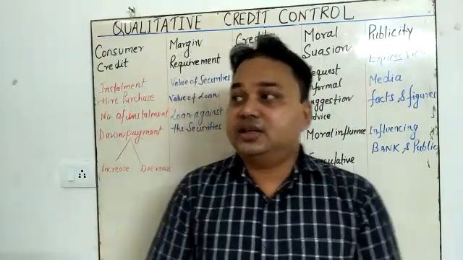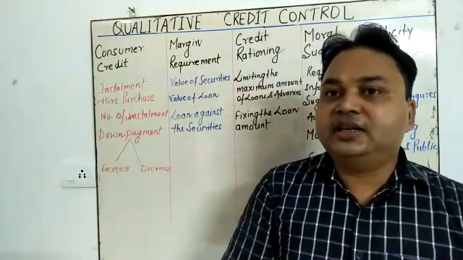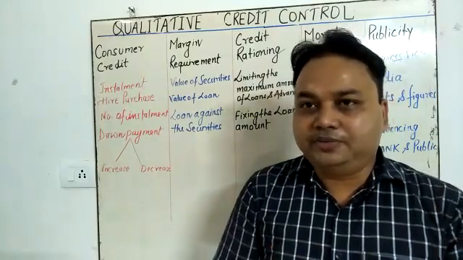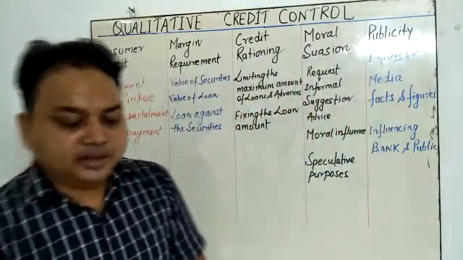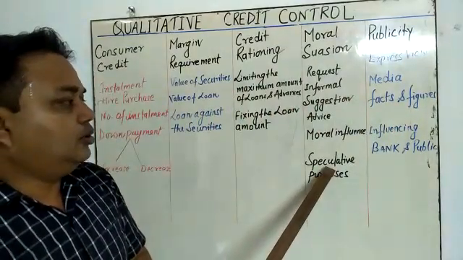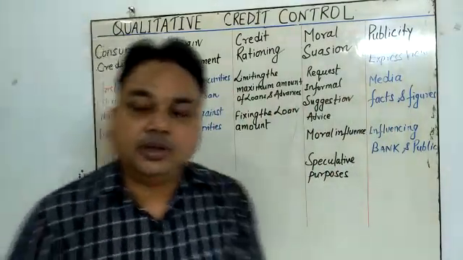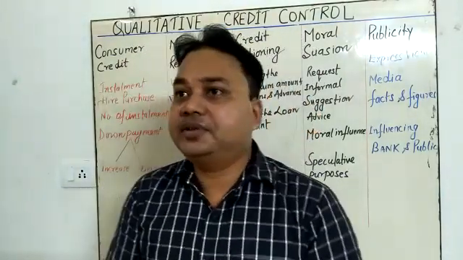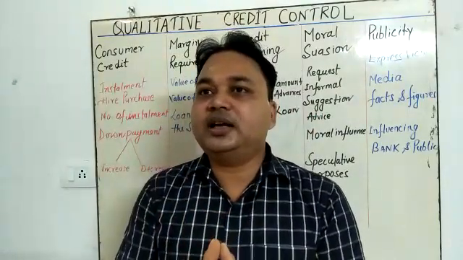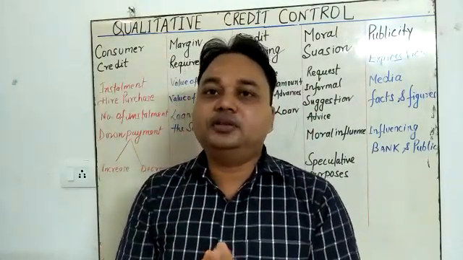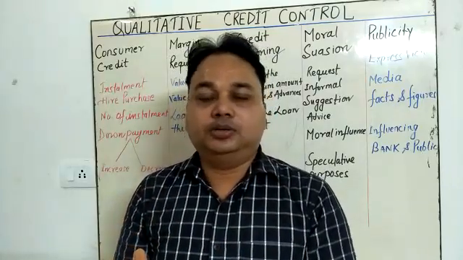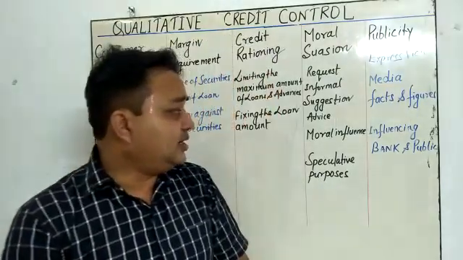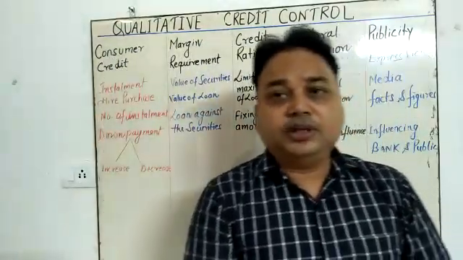Sometimes the central bank feels that, due to speculation, some commercial banks give more loans to a particular type of people. So RBI gives moral influence, because we are facing two types of people, rich and poor, so that they get equity. This is the moral influence on commercial banks.